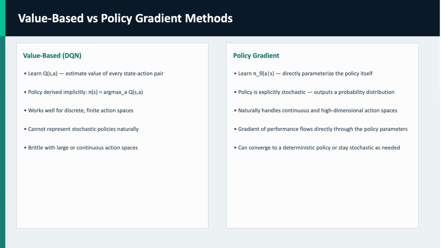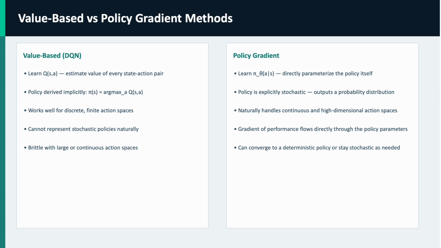Let's be precise about what distinguishes these two families of algorithms. Value-based methods, DQN being the canonical example, learn a function Q of S comma A that estimates the expected future return from every state-action pair. The policy is then inferred implicitly as the action that maximizes Q. This works beautifully in discrete action spaces because you can enumerate all actions and pick the best.